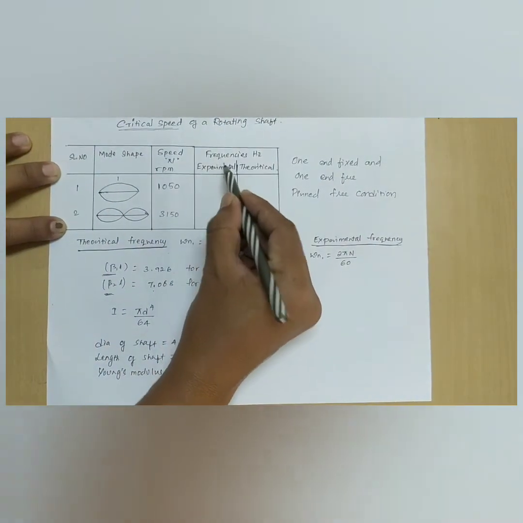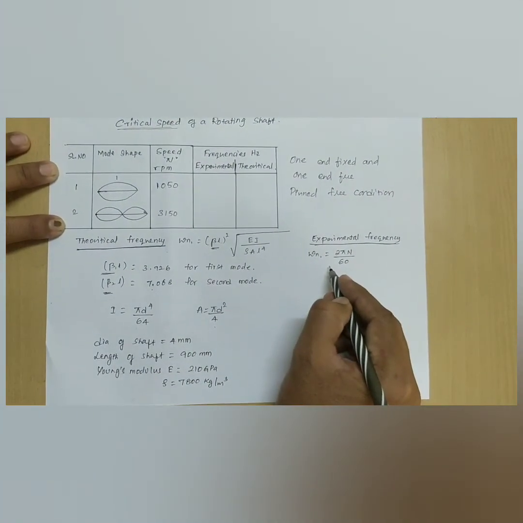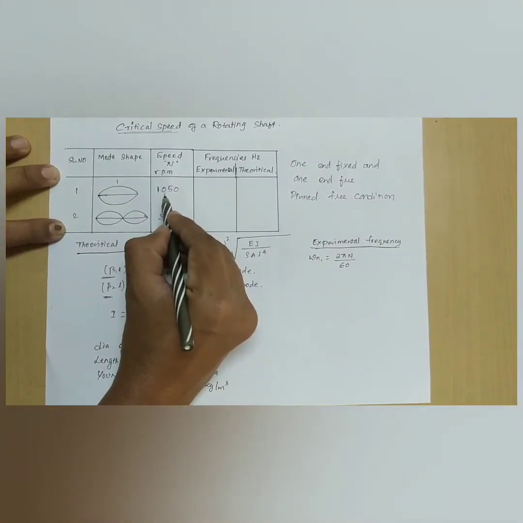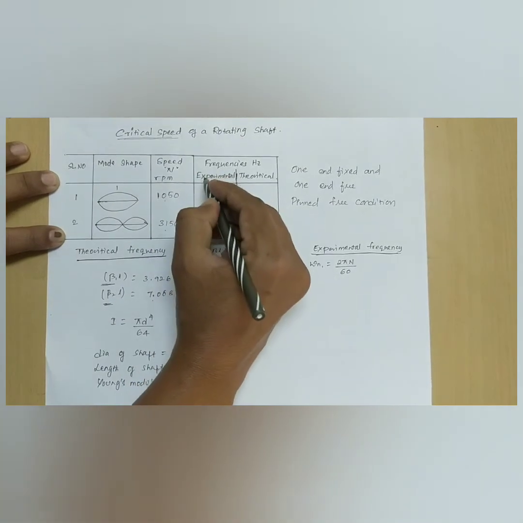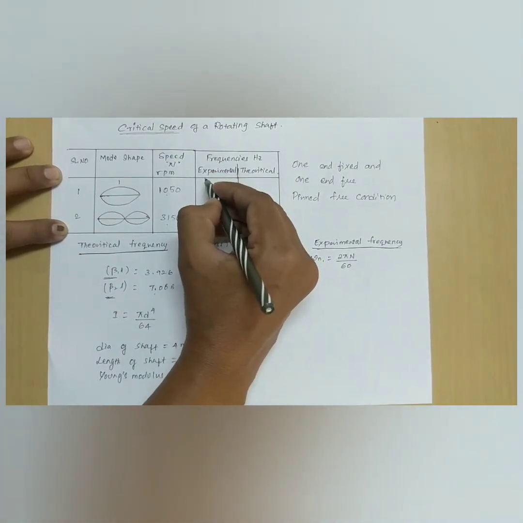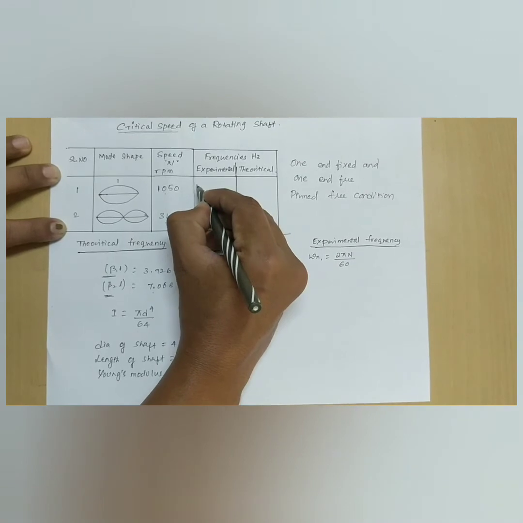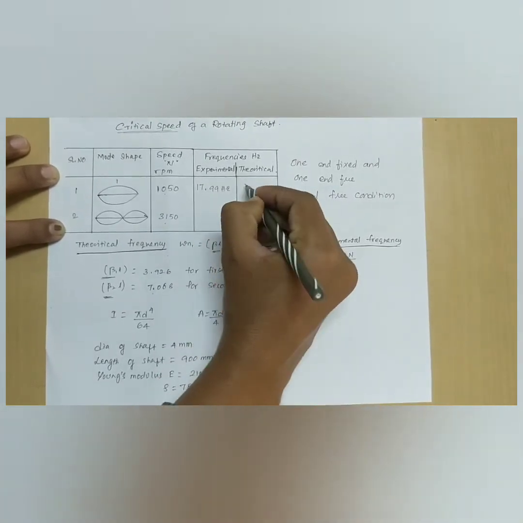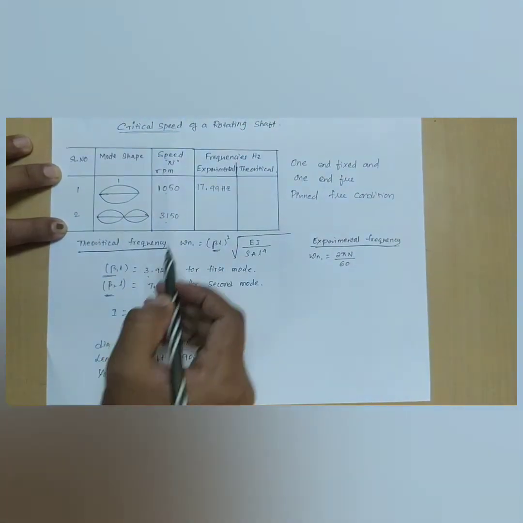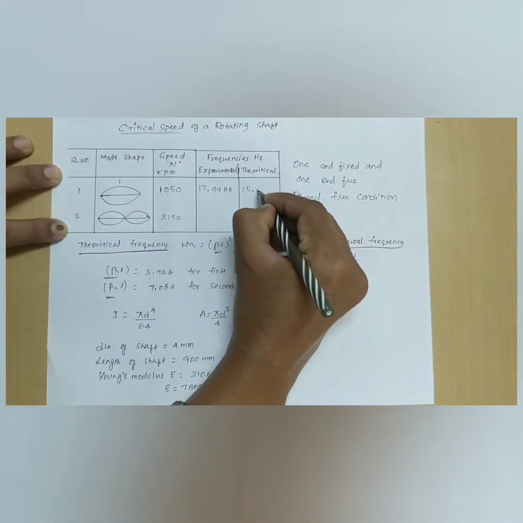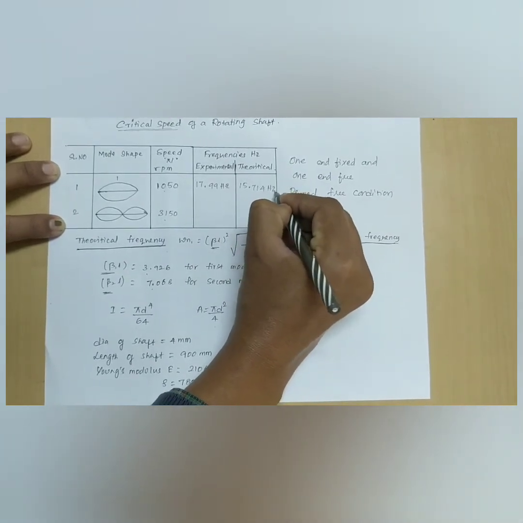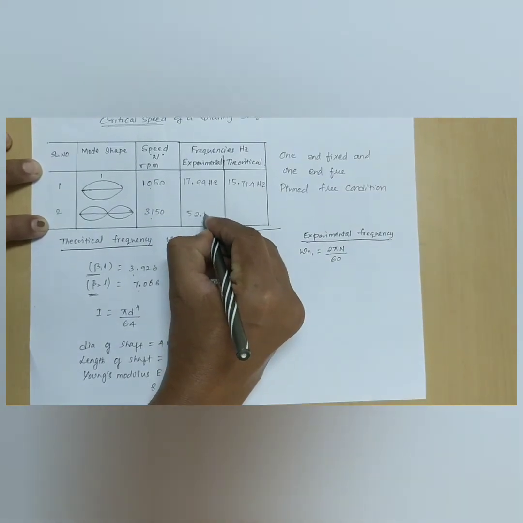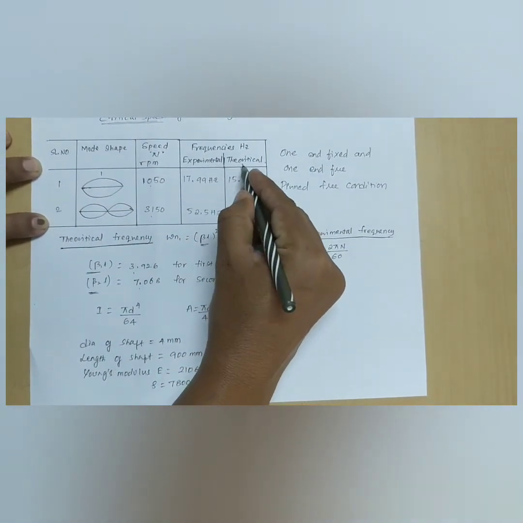Using these speeds as n1 and n2, the experimental natural frequency for mode 1 is around 17.99 hertz, and the theoretical natural frequency is around 15.714 hertz. For mode 2, the experimental natural frequency is around 52.5 hertz.